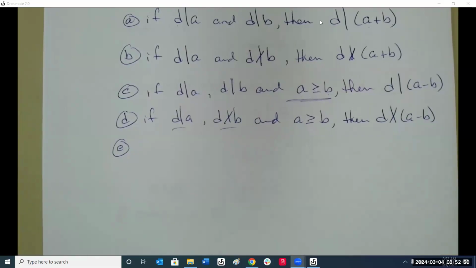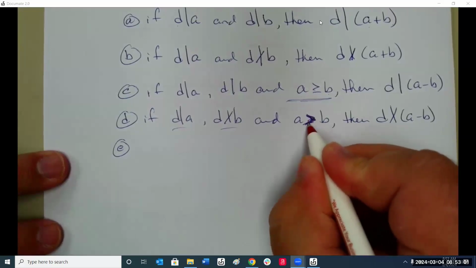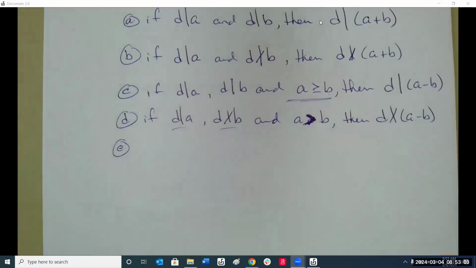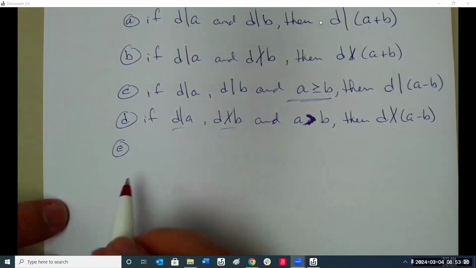Just greater than? Oh, yeah, you're right. Why is that important? Very good. Because you don't want to have a zero on the bottom.